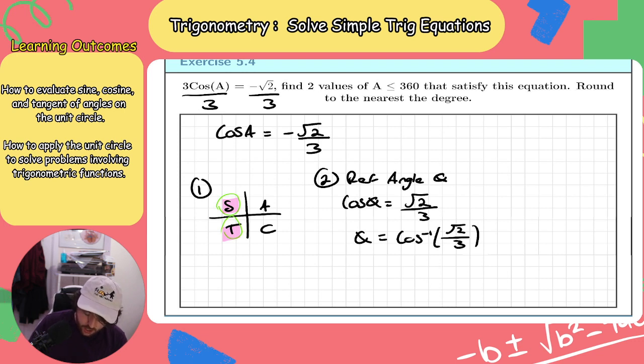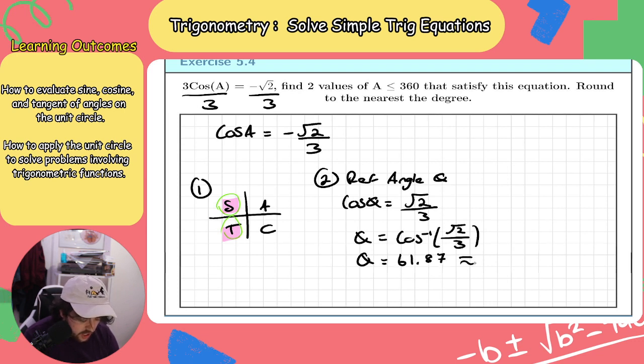Put it on my calculator. I'm going to get my reference angle theta is equal to 61.87, which I'm just going to round up to 62 degrees.